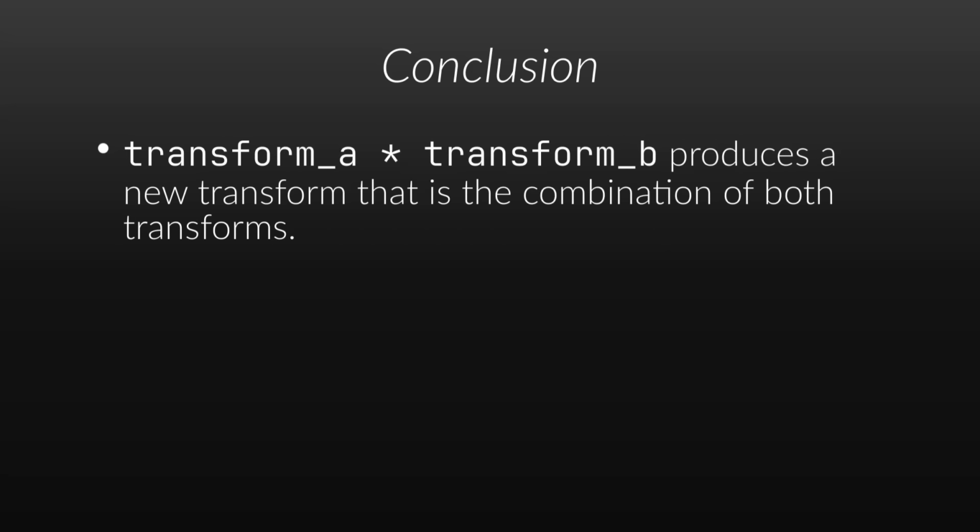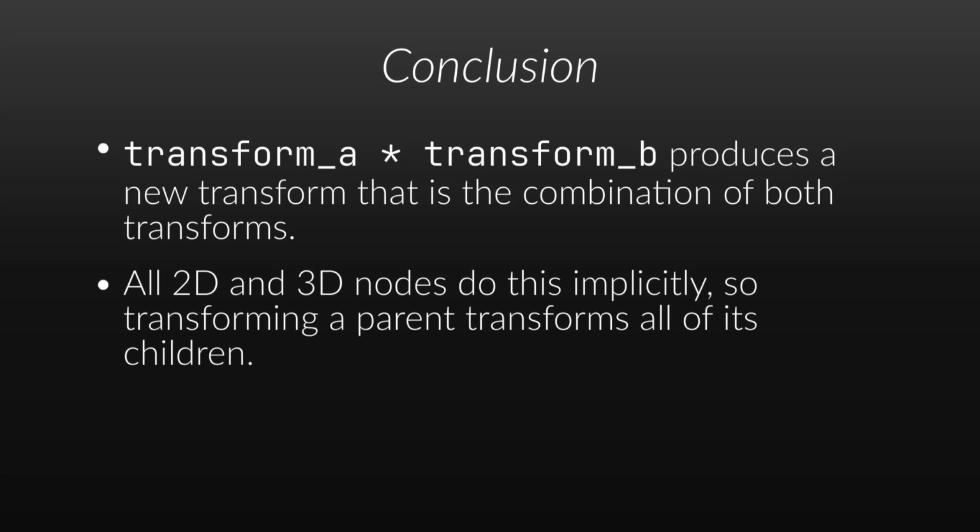We learned that transforms can be multiplied with each other, and that the result of this multiplication is a new transform that combines the transformation of both input transforms. And we learned that Godot's nodes do this automatically when we build node hierarchies. So when we move, rotate, or scale a parent node, then the child nodes will be affected by this change.